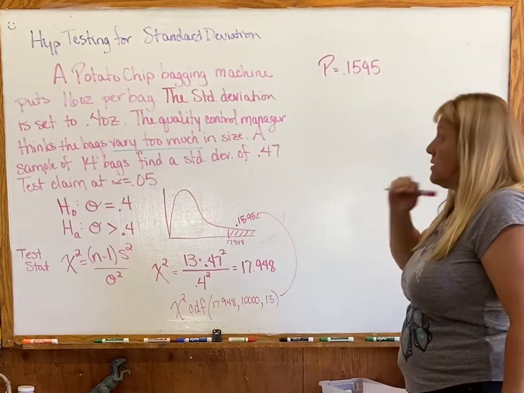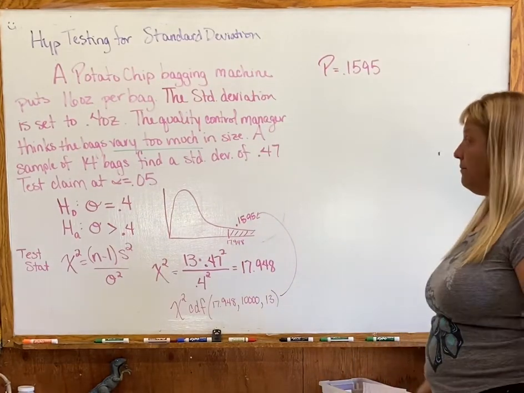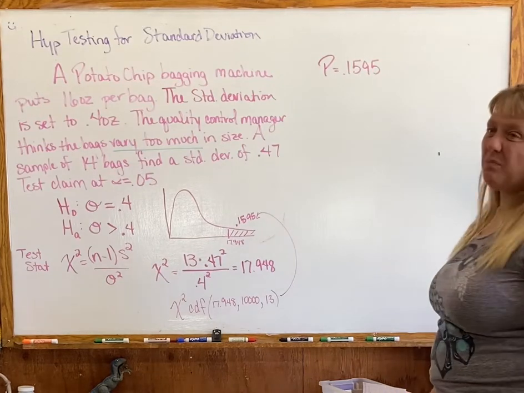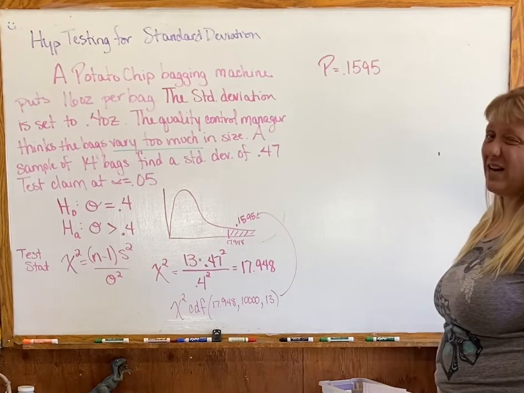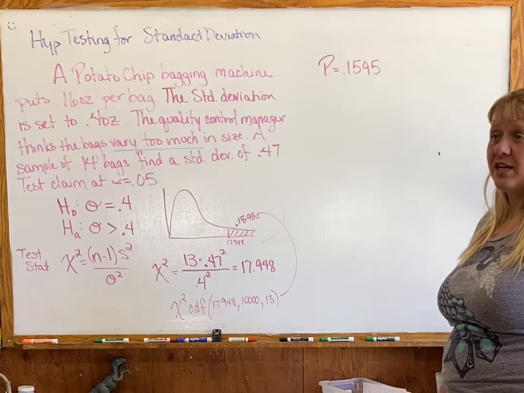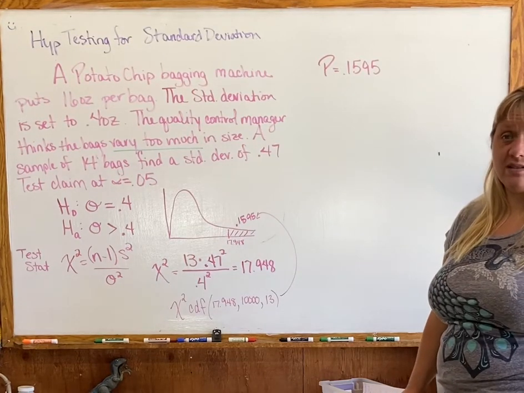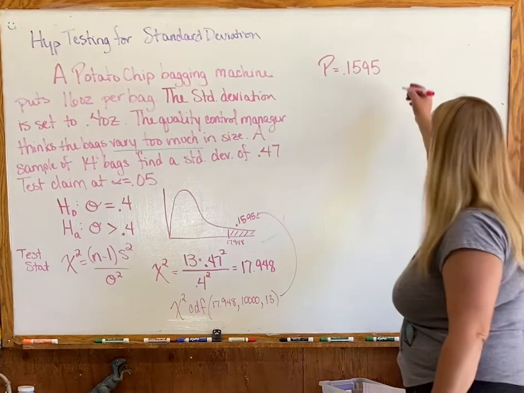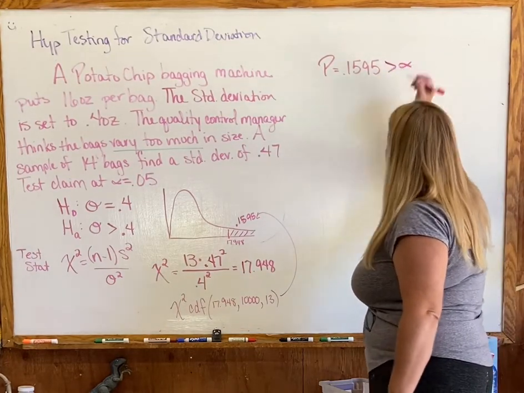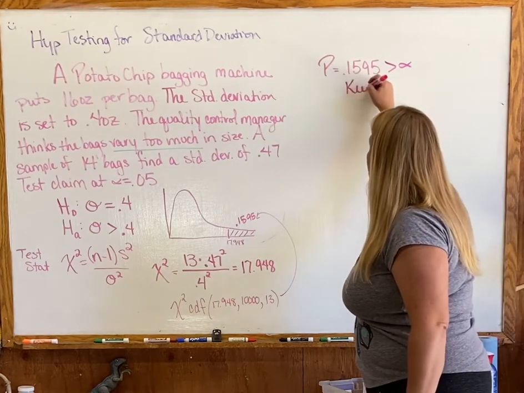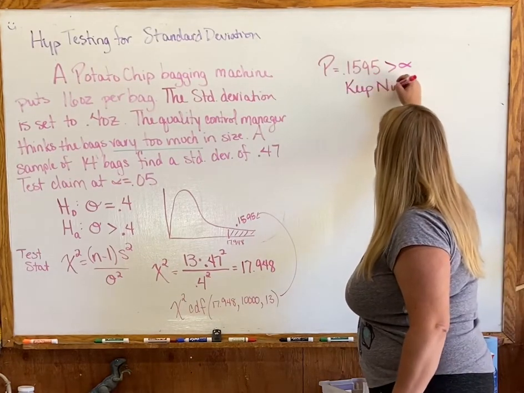Okay, so now we're ready to test our claim. We had an alpha of 0.05. We came back with a p-value of 0.1595. So we were allowed a 5% chance of screwing up the problem. We came back with over 15% chance. So we didn't do all that great, did we? So we're definitely greater than our alpha, definitely, which means that we have to keep the null.